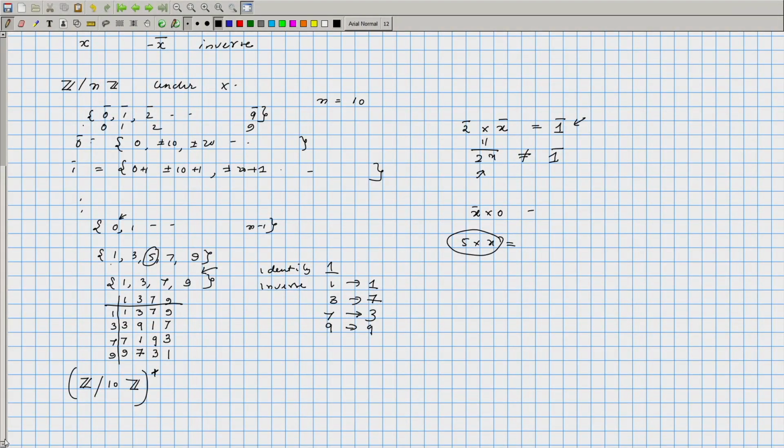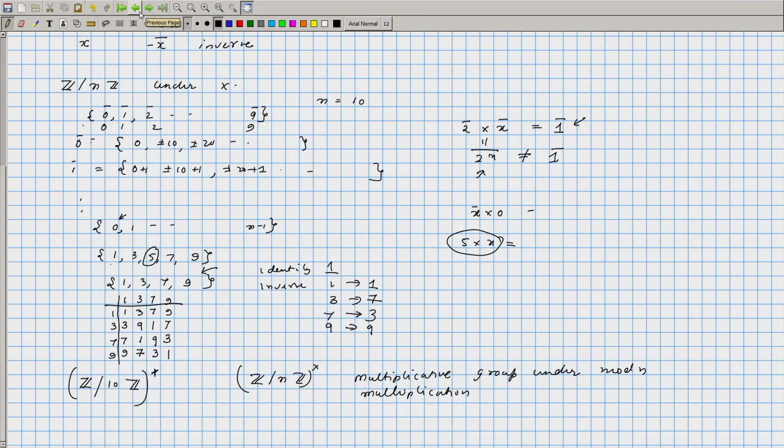We can do that, and therefore, when we write Z divided by nZ star, this is the multiplicative group under mod n multiplication. What are the elements that go into this? We will make it clear in a short while.